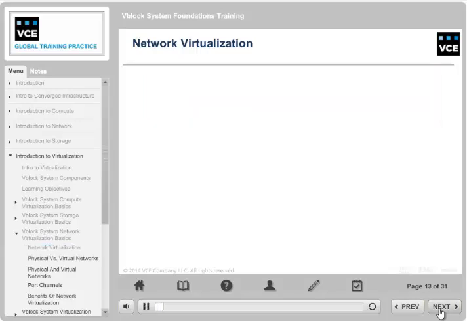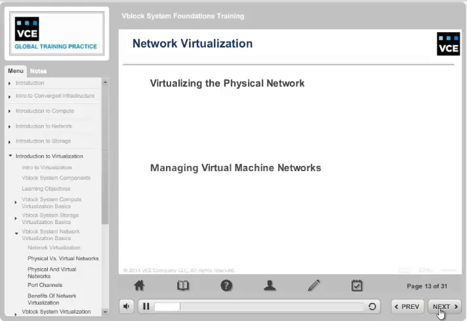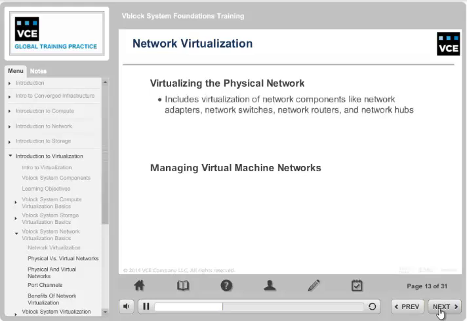Network virtualization involves both virtualizing the physical network and managing the virtual networking that exists between virtual machines residing on the same host. You will learn more about this later, but for now understand that virtualizing the physical network includes virtualization of network components like network adapters, network switches, and routers.